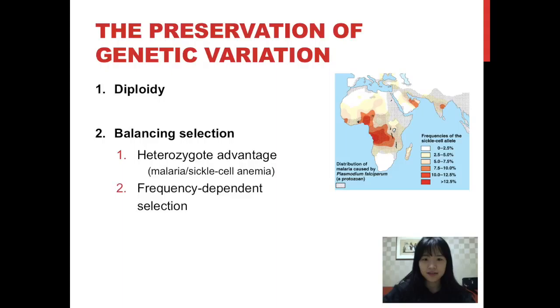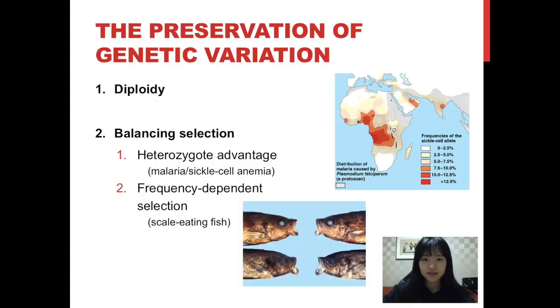Frequency-dependent selection is when the fitness of a phenotype declines if it becomes too common in the population. The frequency of left-mouth scale-eating fish changes because right-mouth ones are favored by selection when left-mouth ones are common, and vice versa.